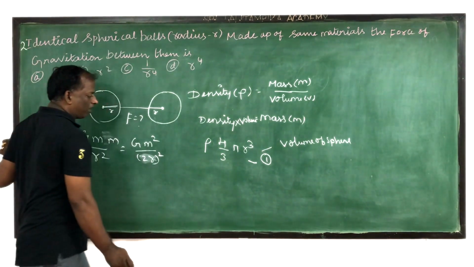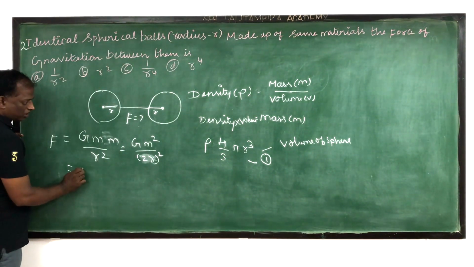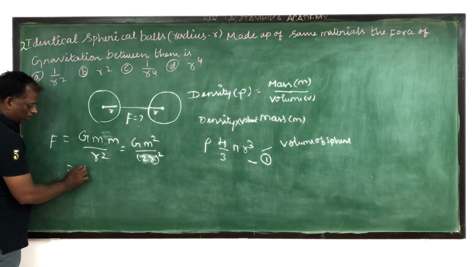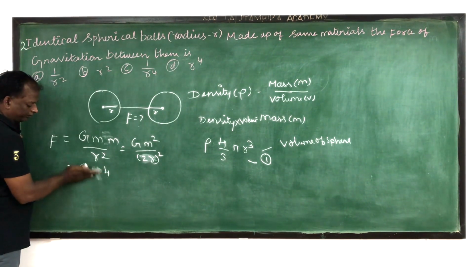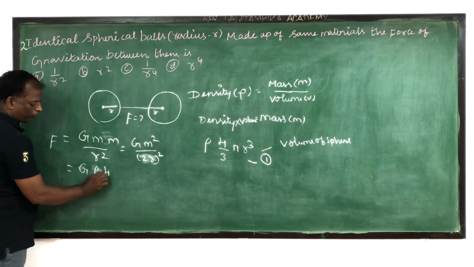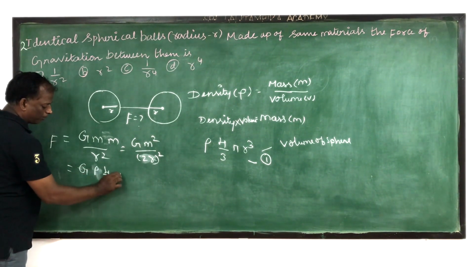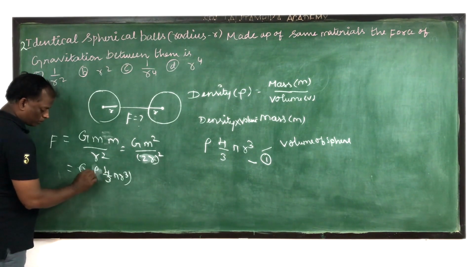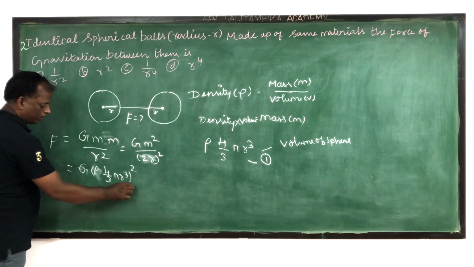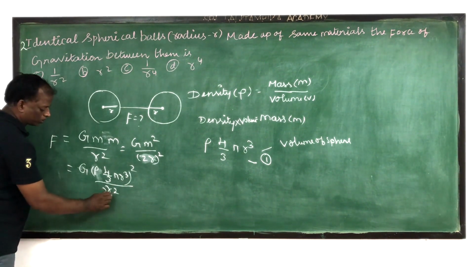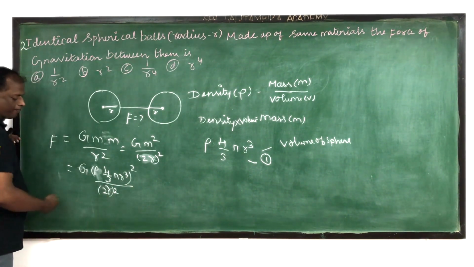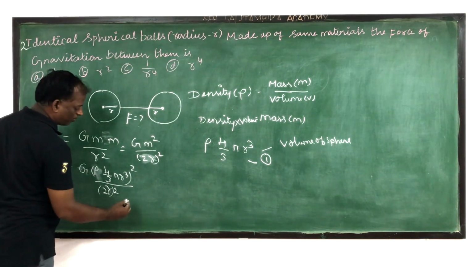So which is equal to, for m, what can we write? Can we put this value? So for m it is G rho 4/3 pi r cube squared, divided by r square, that is 2r square. So how can we write this again?